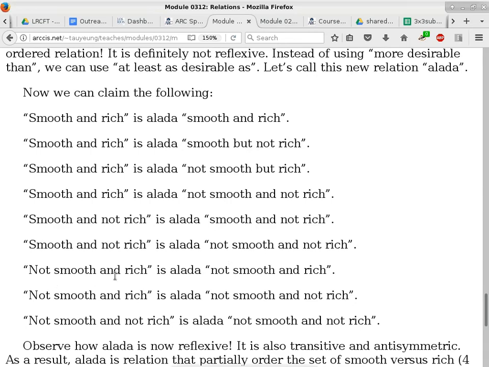Not smooth and rich is at least as desirable as itself, but it is also at least as desirable as not smooth and not rich, because that's the least desirable to everything else, right? And then the last one is not smooth and not rich is at least as desirable or undesirable as not smooth and not rich. It relates to itself, but nothing else. Nothing else is worse. Is that okay? At least in the beer commercial, right?